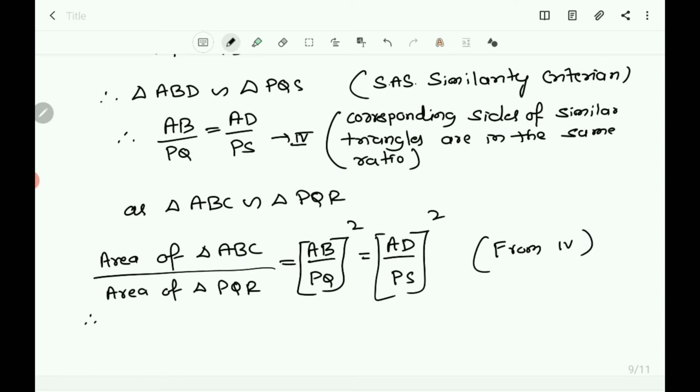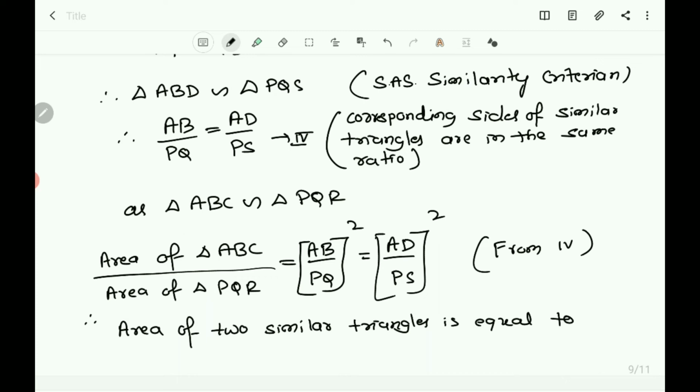Therefore, you write the ratio of areas of two similar triangles is equal to the square of the ratio of their corresponding medians.